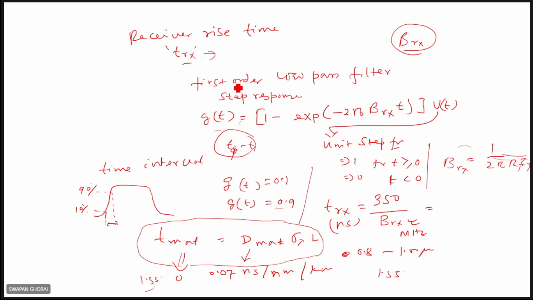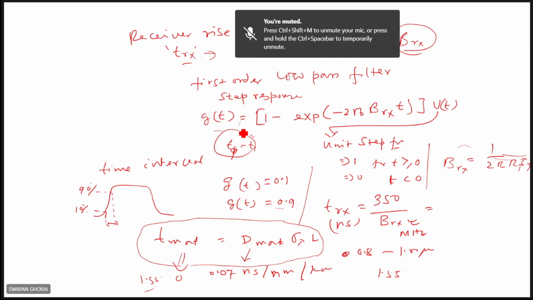In fact, we have seen this. If you consider the receiver circuit, it can be modeled as a low pass filter, and the step response of that receiver can be expressed like this.